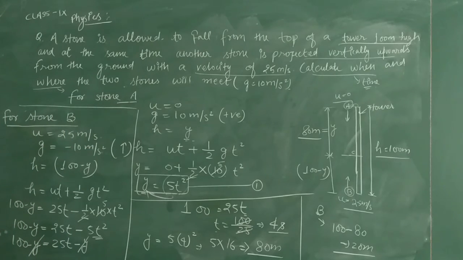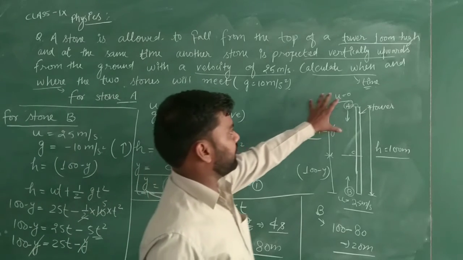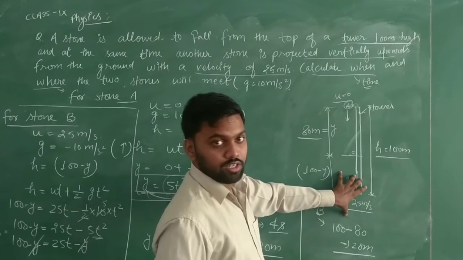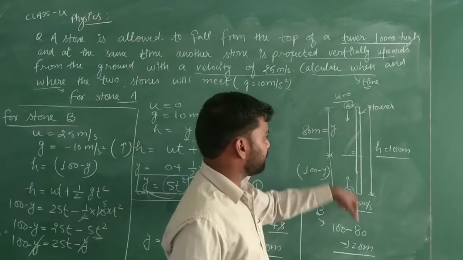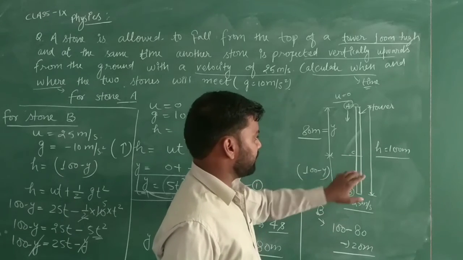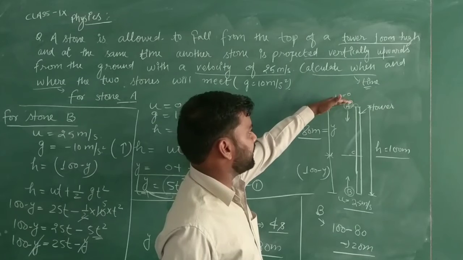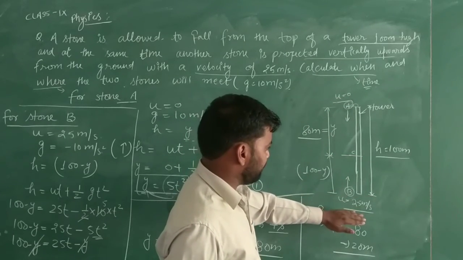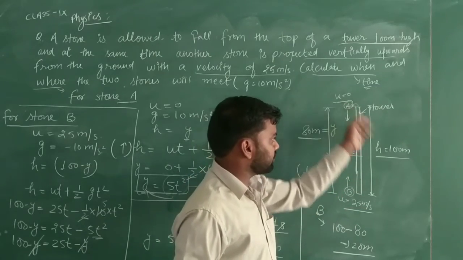Okay, students. So we have seen here both the cases: for A, what are the values given here, and for B, what are the values given here. So we consider here that both the objects are meeting at point C. We are assuming that A is traveling y distance to come to point C, and B will definitely travel 100 minus y because the whole distance is 100.